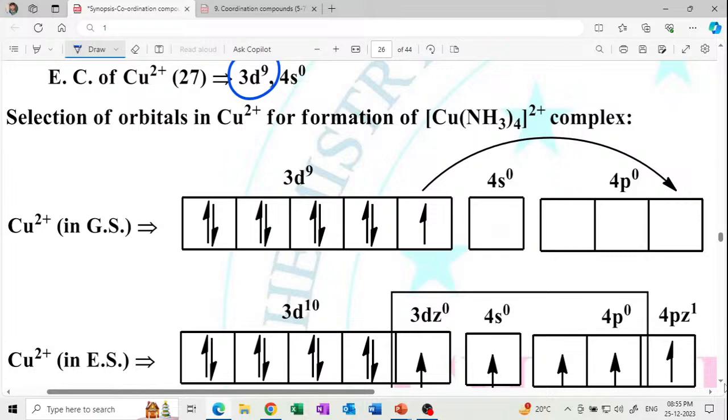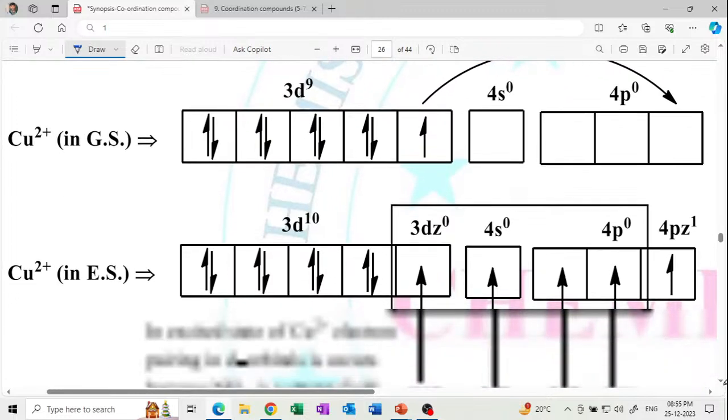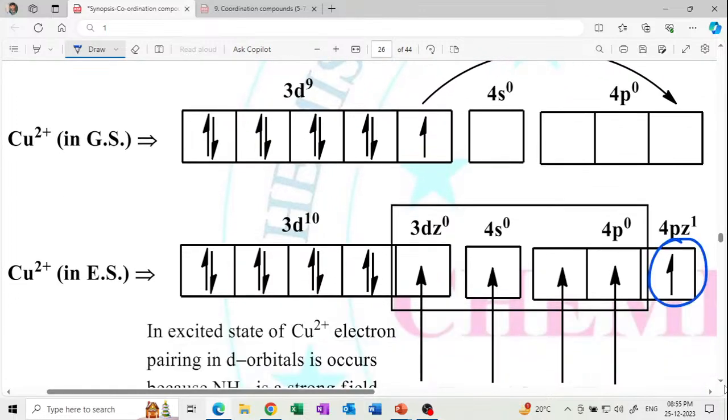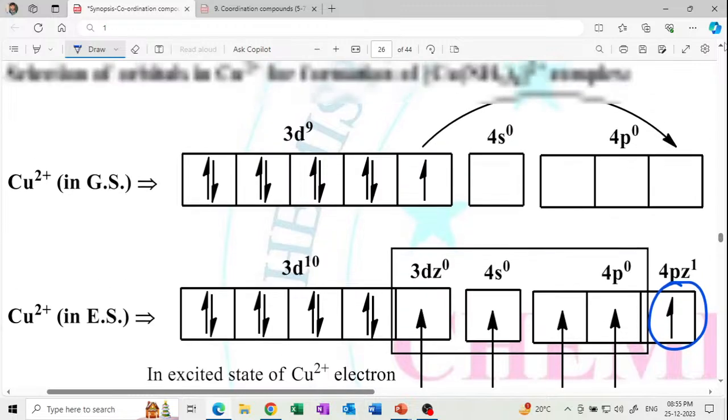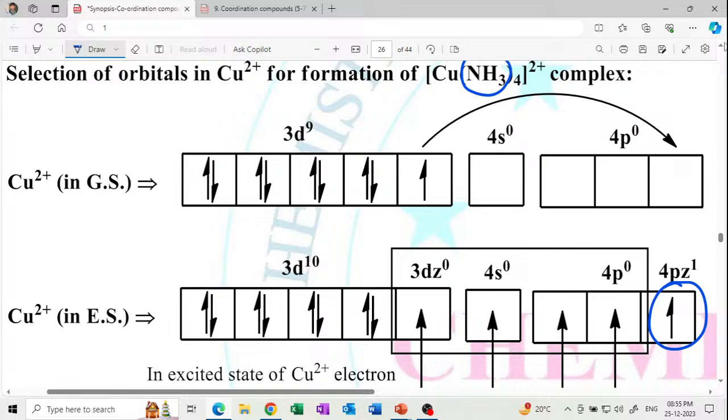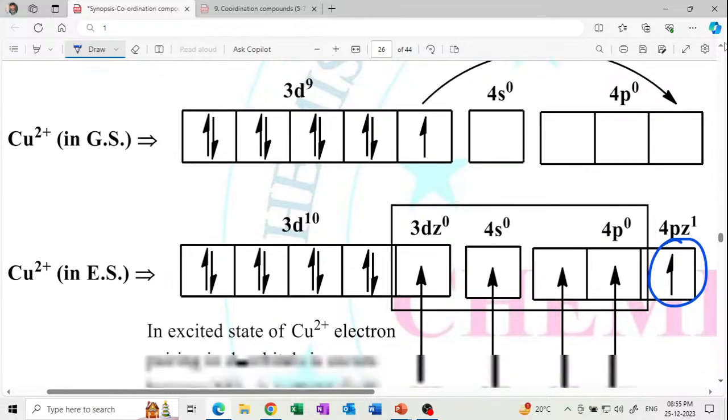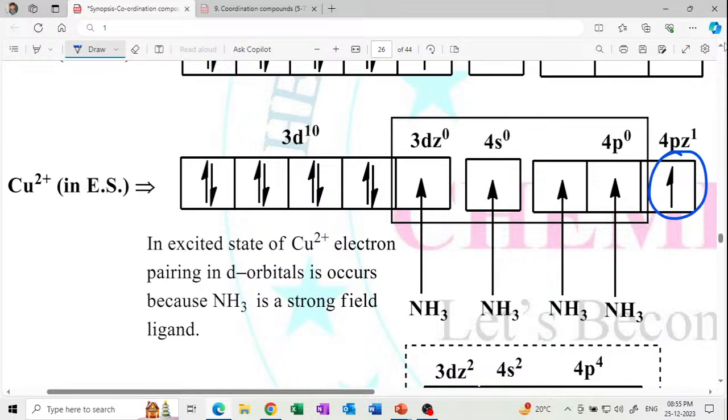Now ammonia is a strong field ligand, so pairing takes place, but one more electron jumps into this orbital in the excited state. In the excited state, Cu2+ electron pairing in d orbital occurs because NH3 is a strong field ligand.